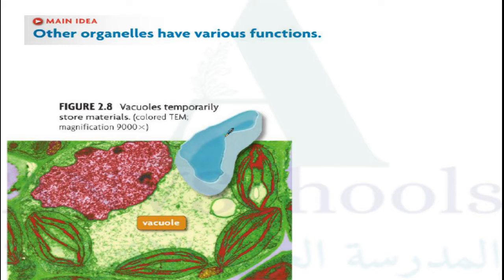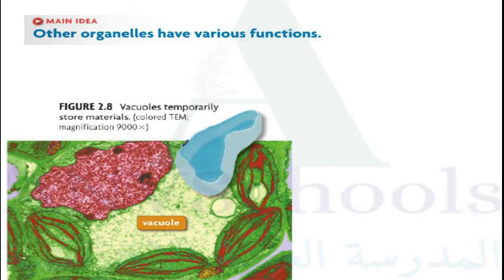So, vacuole, as we can see here, normally is found in both plant and animal cells, but in plant cells, a vacuole is very large. It's very large and it stores material.